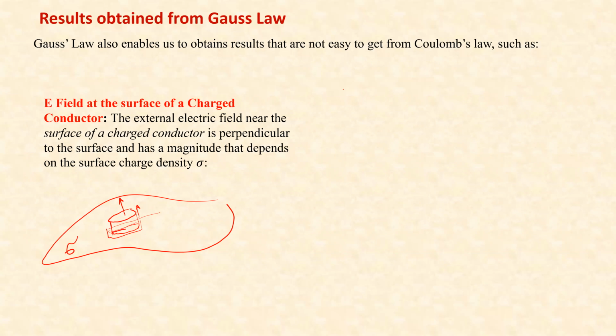So if you do the integral of E dot dA for this whole thing, there's no contribution from the part of the can that is inside, and there's no contribution from the sides of the can. The only contribution is here, where the dA is in the same direction as E. So this becomes Q enclosed over epsilon naught.